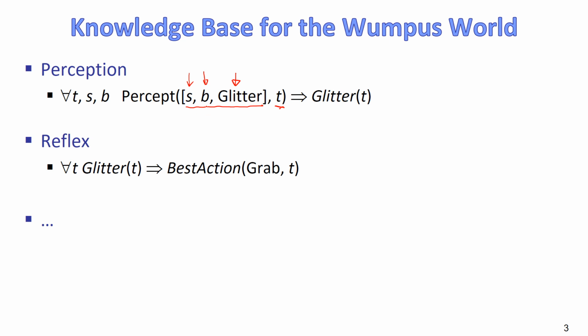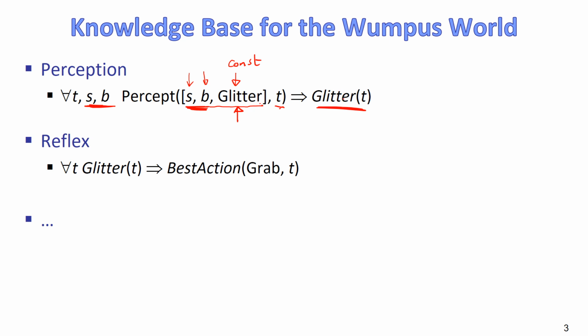So if we perceived anything in terms of stench or breeze besides glitter, notice that glitter here is a constant, but stench and breeze are variables, and we quantify these variables here. That means that for any value of S and B, whether we sensed stench or not, whether we sensed a breeze or not, once we sense glitter, then I will activate the predicate Glitter by itself. So here we have another predicate called Glitter.